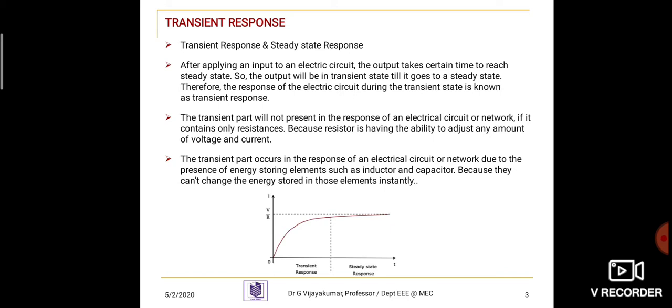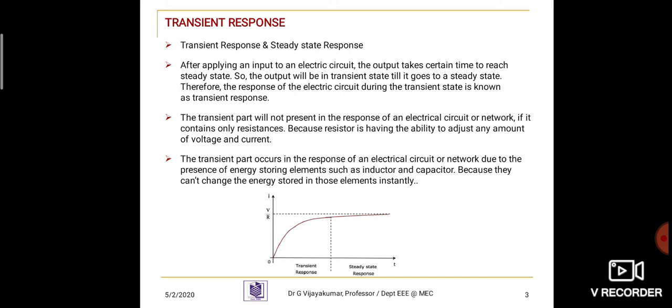After applying an input to an electric circuit, the output takes a certain time to reach steady state. So the output will be in transient state till it goes to steady state.